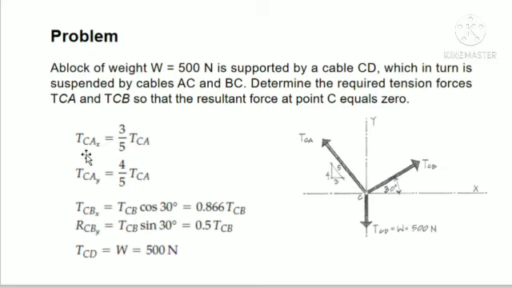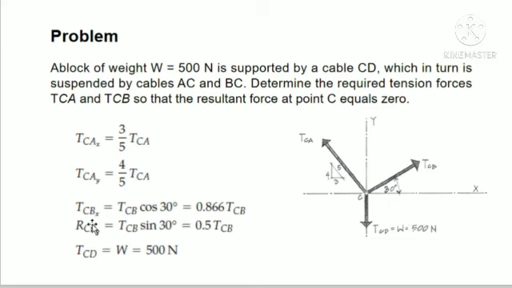So first force, we have tension CA along X. We have 3 over 5 times tension CA. For the vertical component, tension CA along Y is equal to 4 over 5 times tension CA.